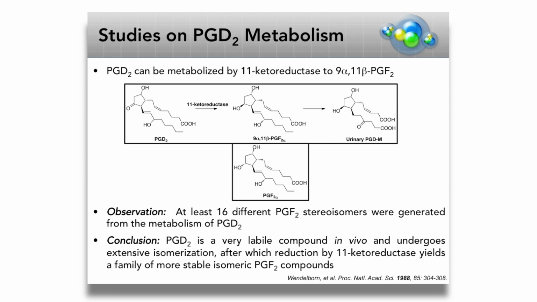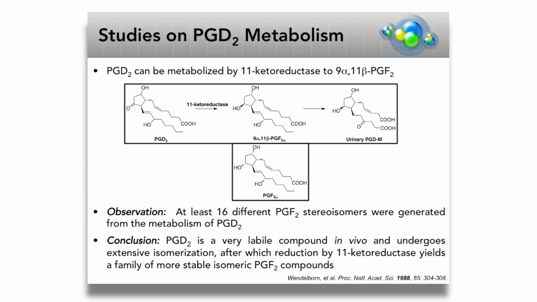What they determined was that prostaglandin D2 can be metabolized by 11-keto reductase to yield 9-alpha 11-beta prostaglandin F2 alpha. Importantly, 9-alpha 11-beta prostaglandin F2 alpha is an isomer of PGF2 alpha, which is also a product of the cyclooxygenase pathway. What they observed when studying this metabolite by gas chromatography mass spectrometry was that there were at least 16 different prostaglandin F2 stereoisomers generated from the metabolism of PGD2.